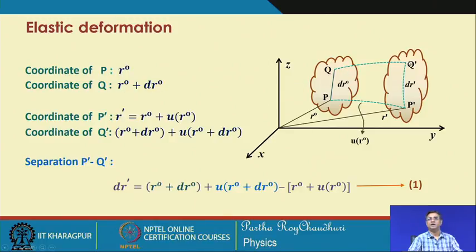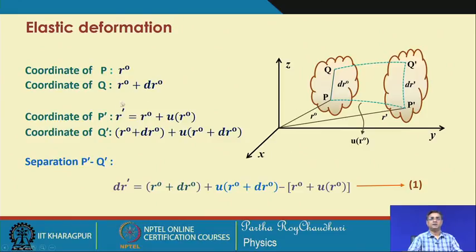Now, under deformation it moves to this place. This is the deformed element, where the point P has moved to P dash and the point Q has moved to Q dash, and the resulting separation is now dr dash. So, this is the original element and this is the deformed element.